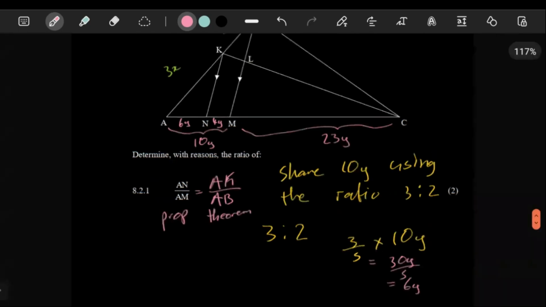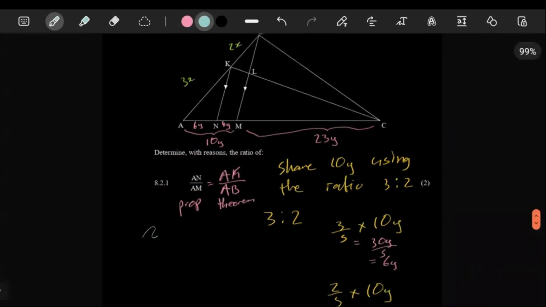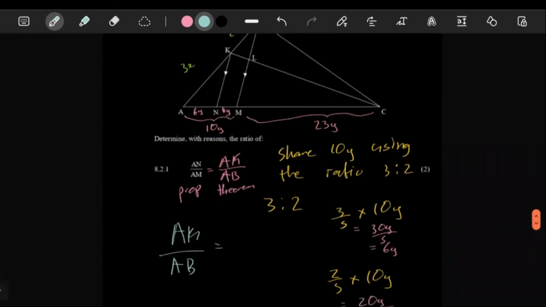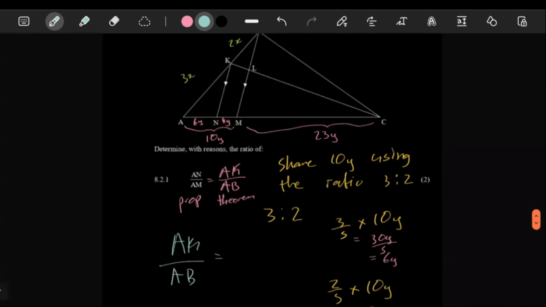Now, with that being said, you can then say AK over AB is equal to, well, maybe not, let's not say therefore, let's just write it out. AK over AB is going to be, no. Do we need AK over AB? No, we don't even need, what am I doing? We don't need anything like this. Well, do we?